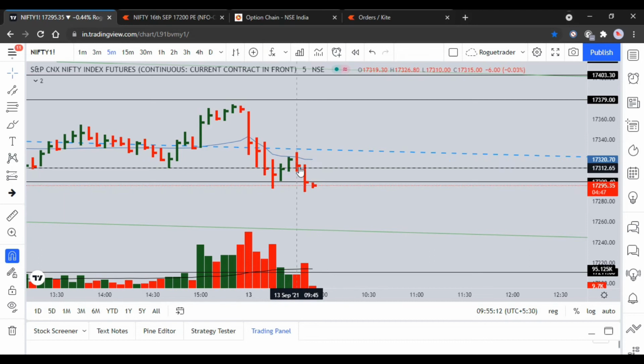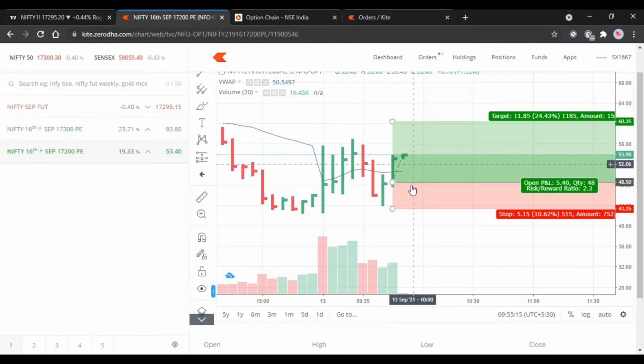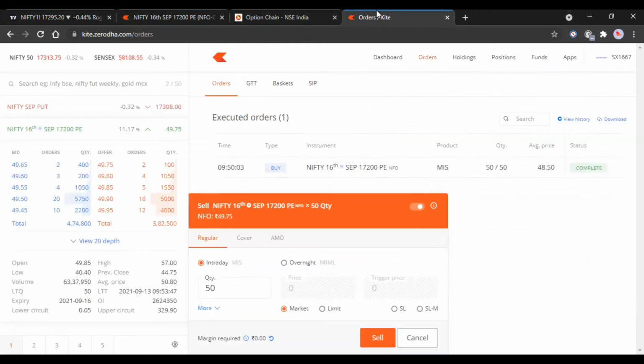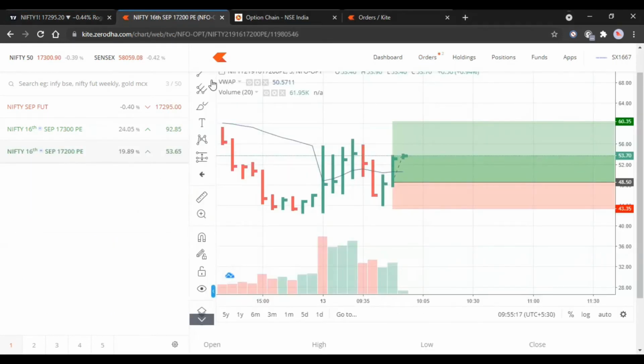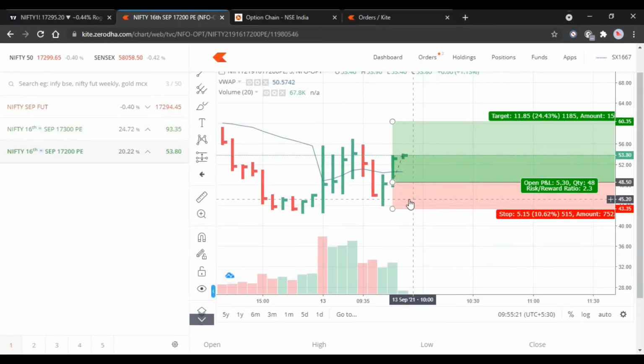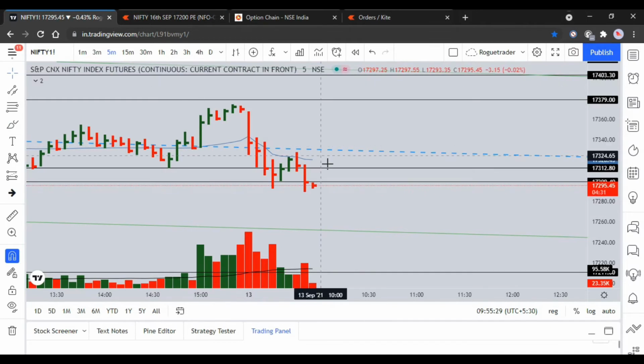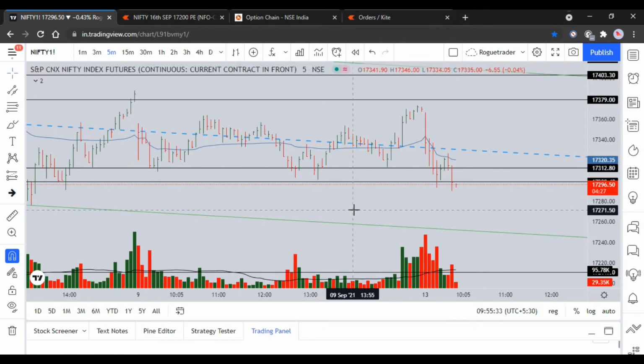My stop loss right here is only 4 points. My trade has already been executed at 48.50, and I have taken only one lot in this video, only for YouTube purposes. My stop loss is around 5 points. I can exit at break even, or I can exit at 3 or 4 points if I see any strength or weakness in the markets. Let's see what happens. I'll keep you guys updated.